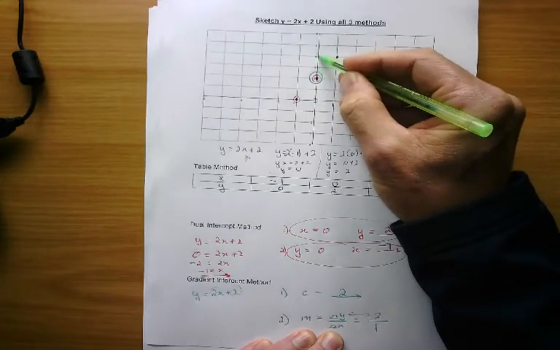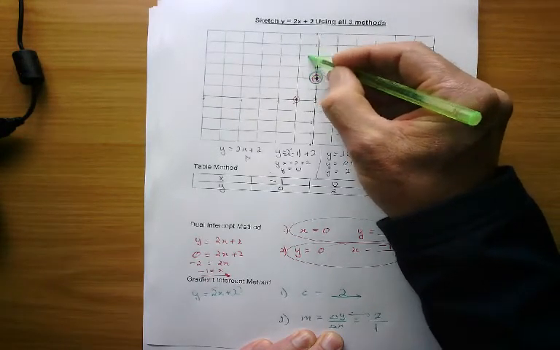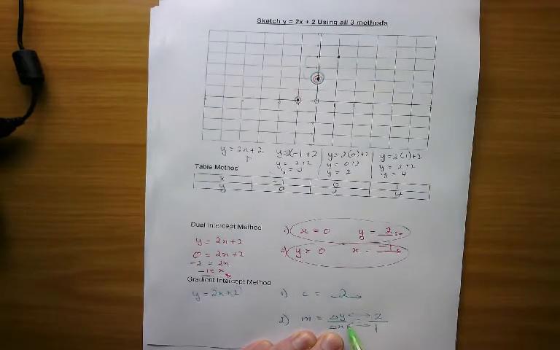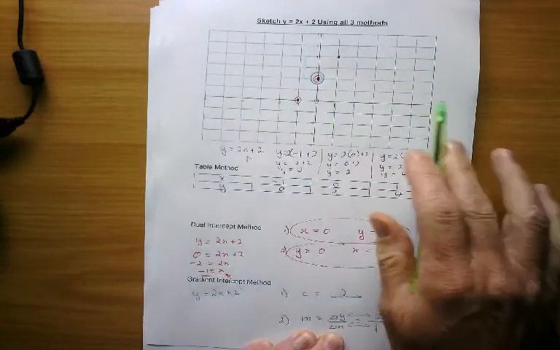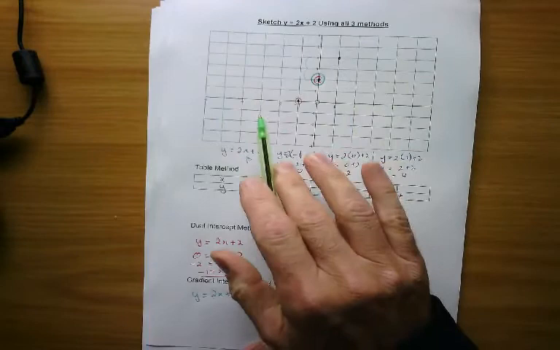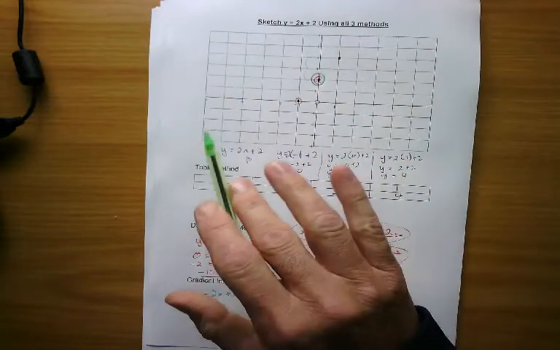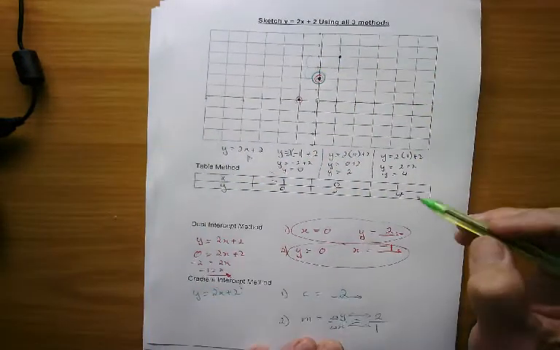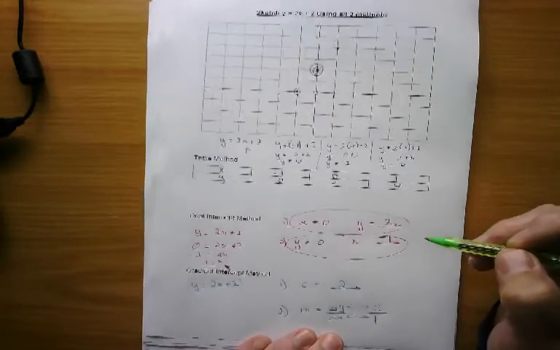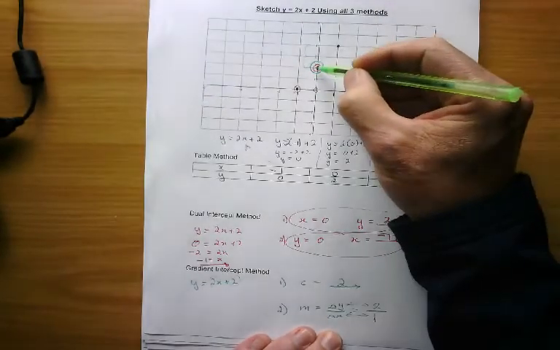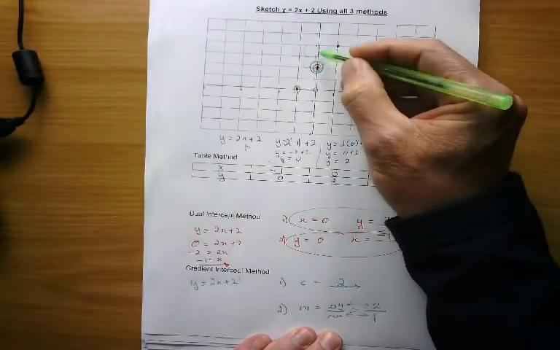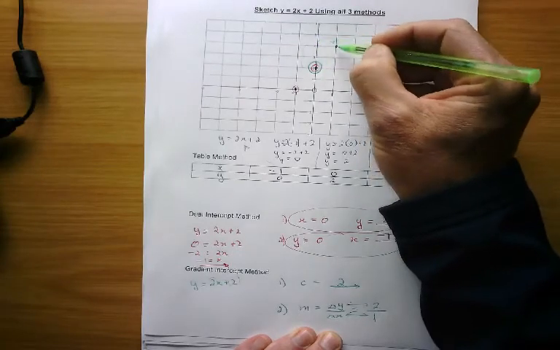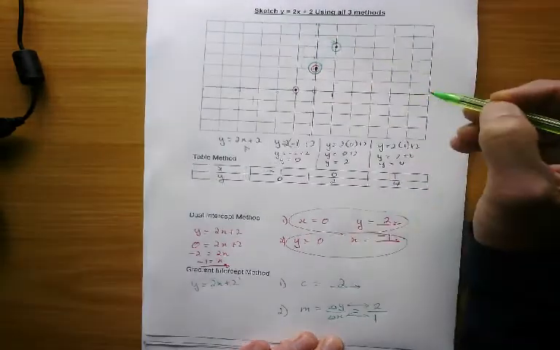My change in x is 1. Remember, x is left to right. So if it's positive, it's to the right. If it's negative, it's to the left. But the negative, we're going to be coming to that in the next couple of lessons. So change in y was 2. We went 2 up. Change in x is 1. That is our second coordinate.